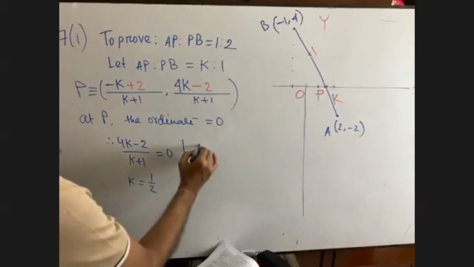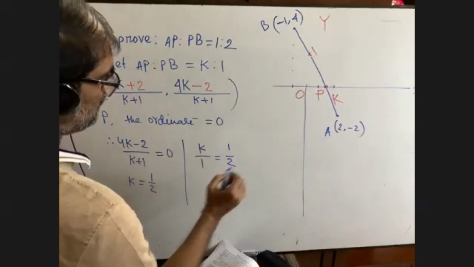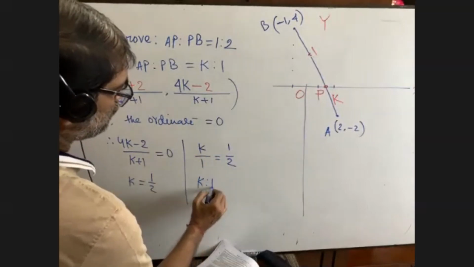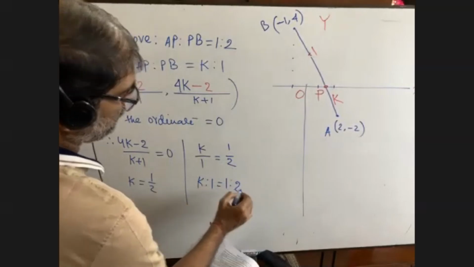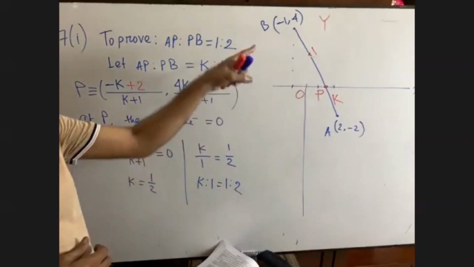From here we get k by 1 equals 1 by 2, that is k is to 1 equals 1 is to 2. So we can tell that yes, the x-axis divides AB in the ratio of 1 is to 2.